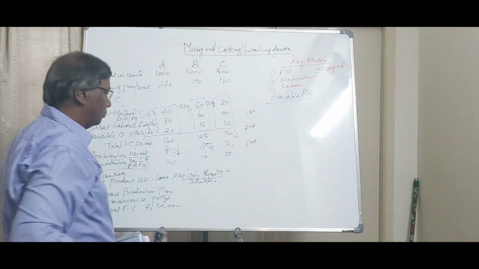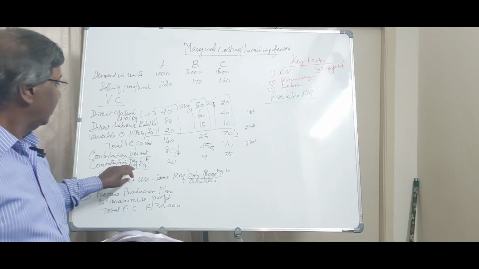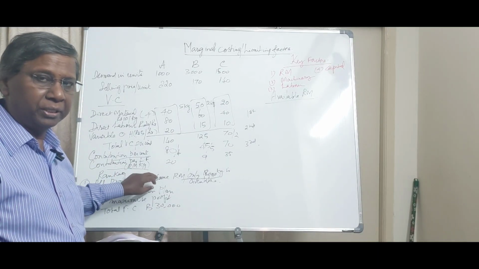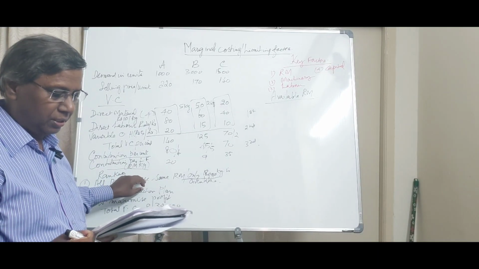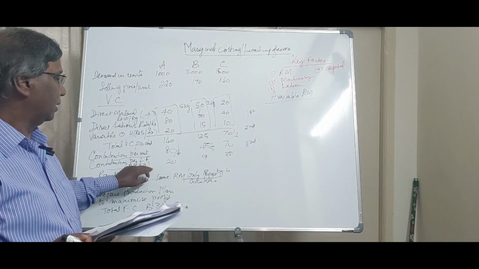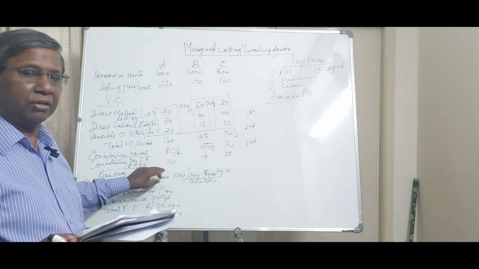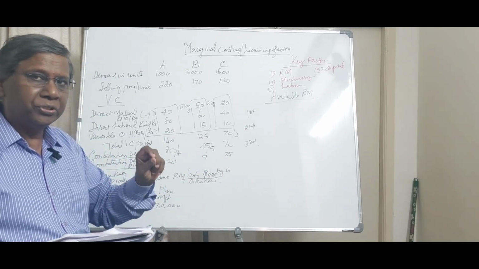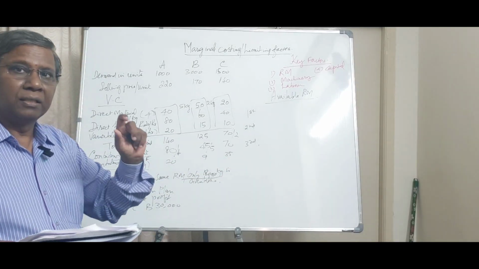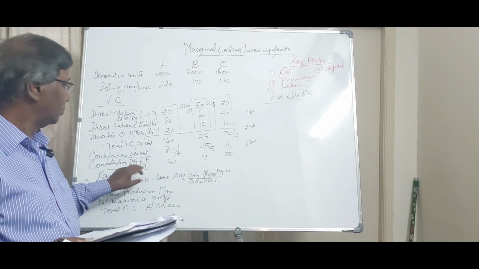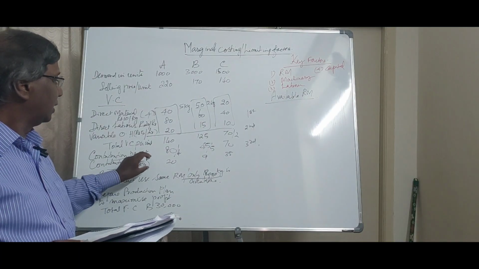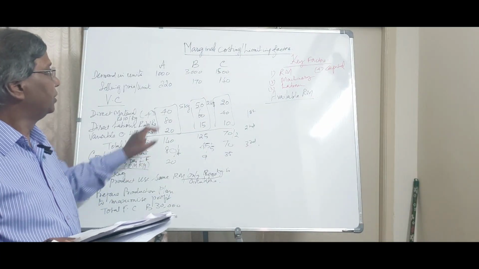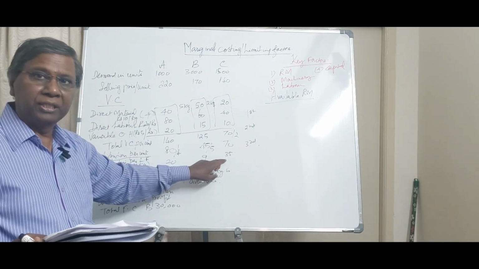Okay. So now contribution per kg of raw material. What is the limiting factor? Raw material. So using 1 kg of raw material for producing C, contribution is coming out to 35.